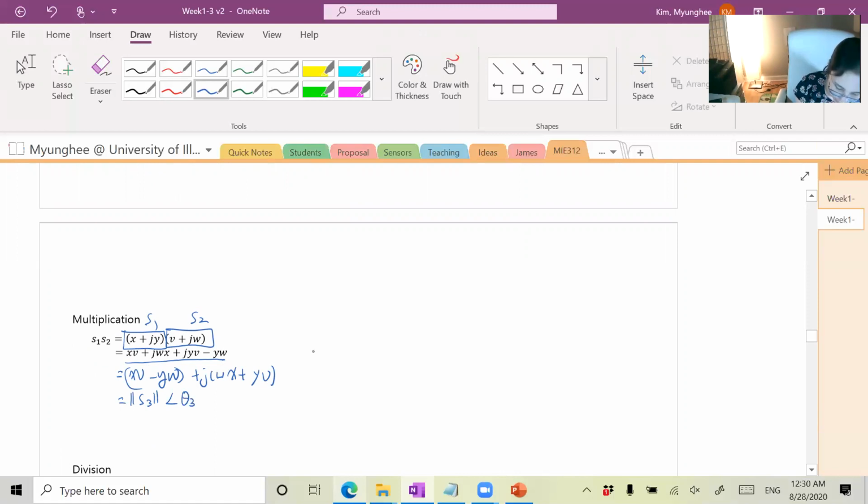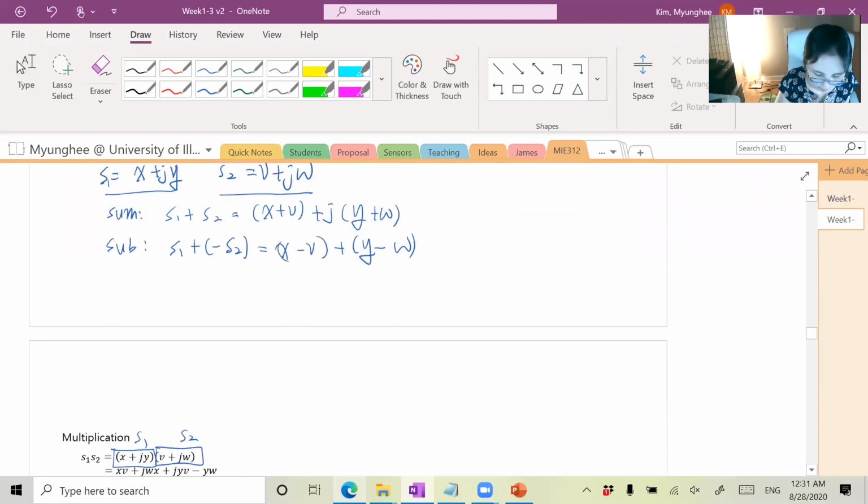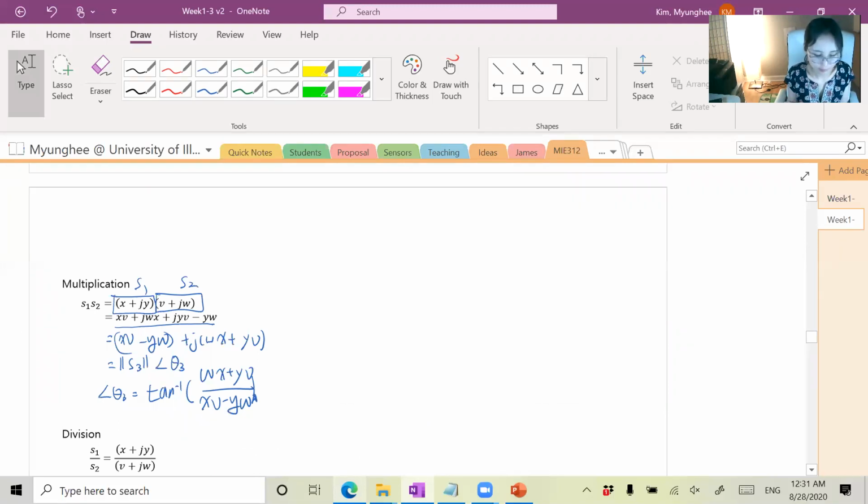In this case, the angle is nothing but arctangent of the imaginary part over the real part, which is the same as here.